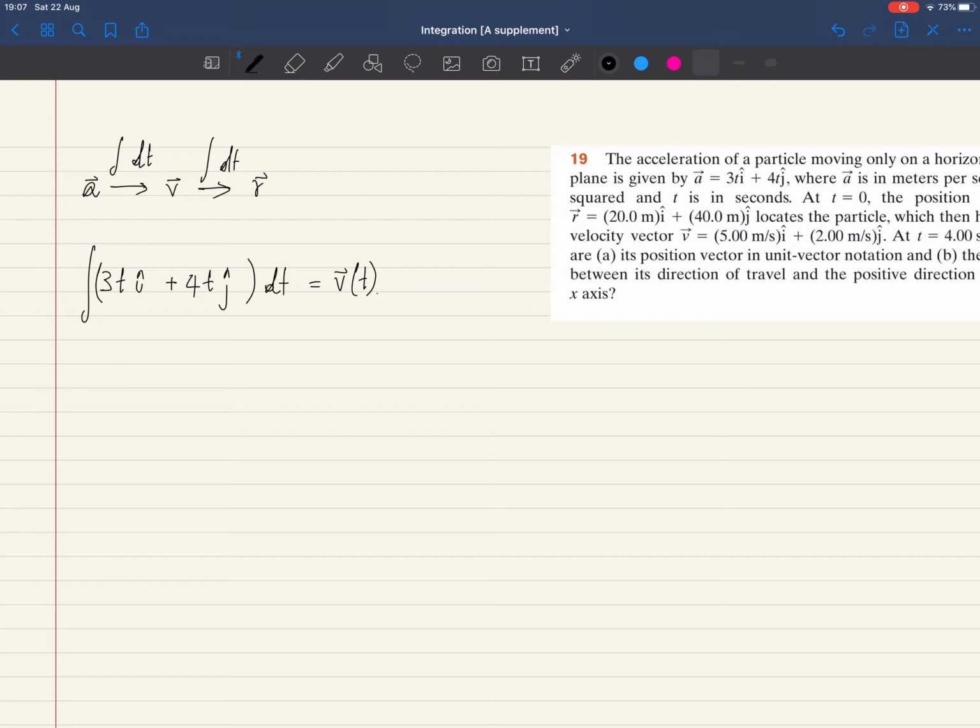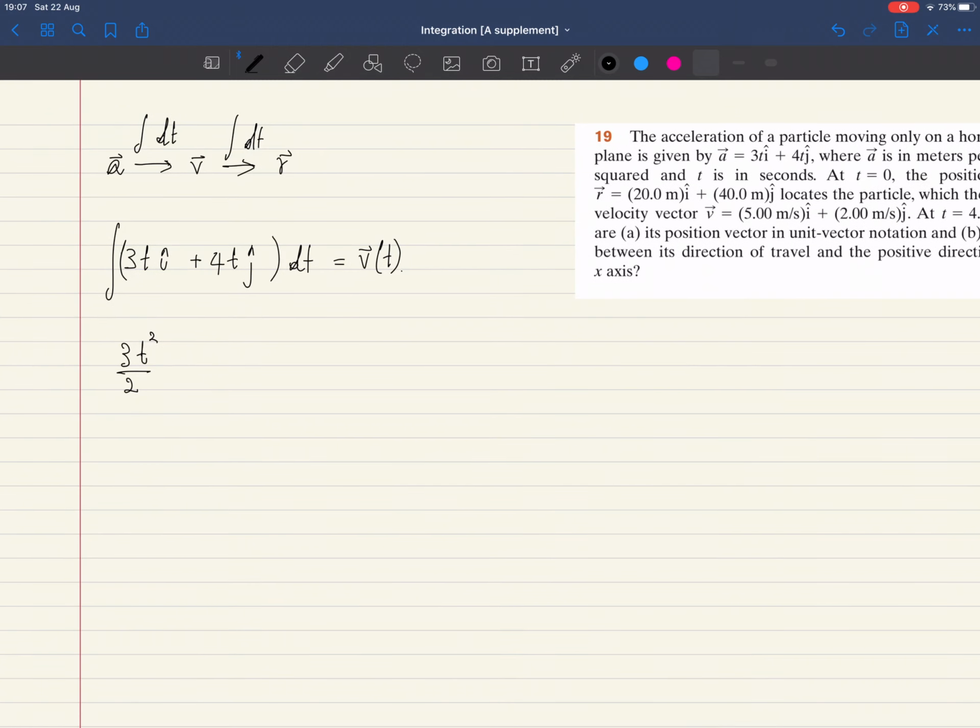Okay, this first term, if we perform the integral, we're going to obtain something like 3t squared over 2. Of course, because we have to be as general as possible, we must include a constant. And our constant I will signify with c sub x.